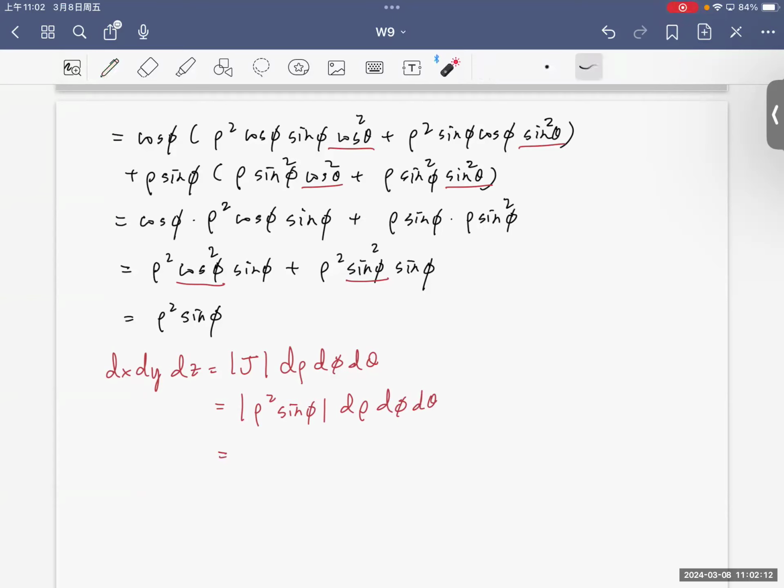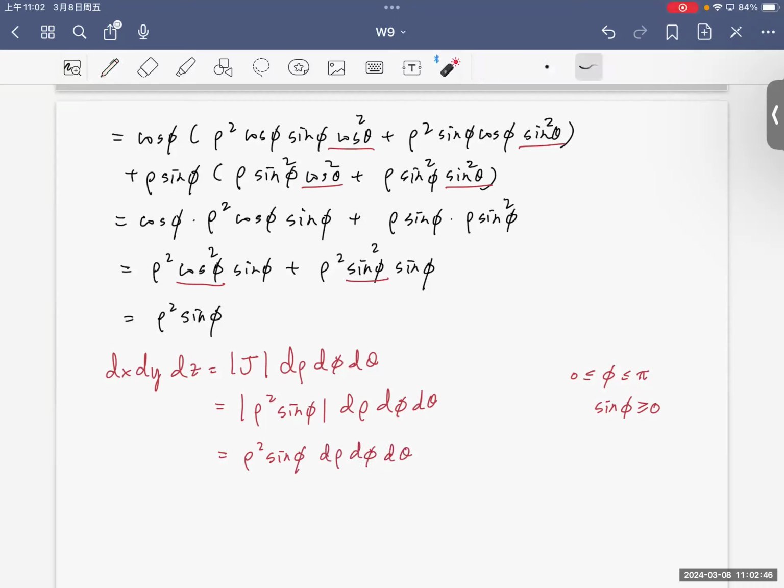And can I take the absolute value sign off? Yes, because rho squared is always positive. Sine phi is always positive because phi goes in between 0 and pi. So sine of phi stays non-negative. So I can have the absolute value is just rho squared sine phi, d rho d phi d theta.